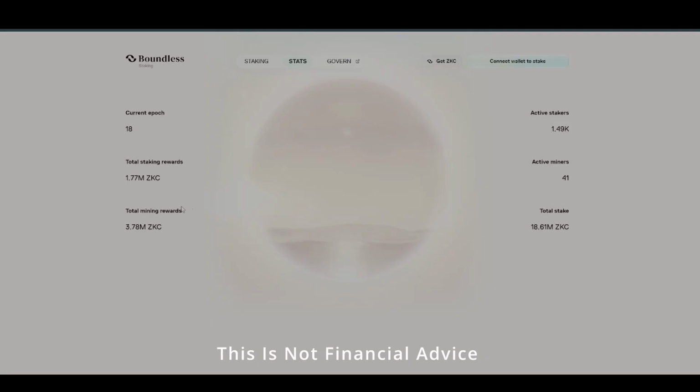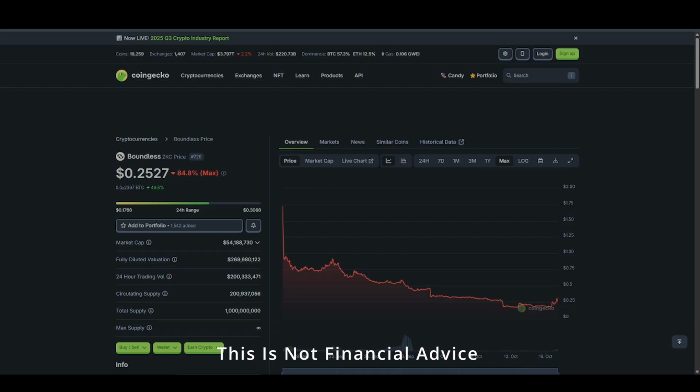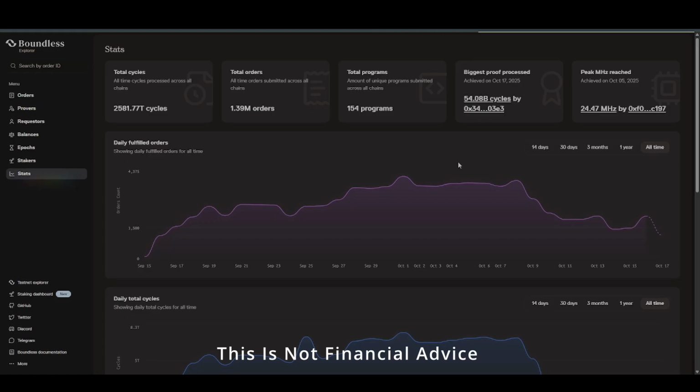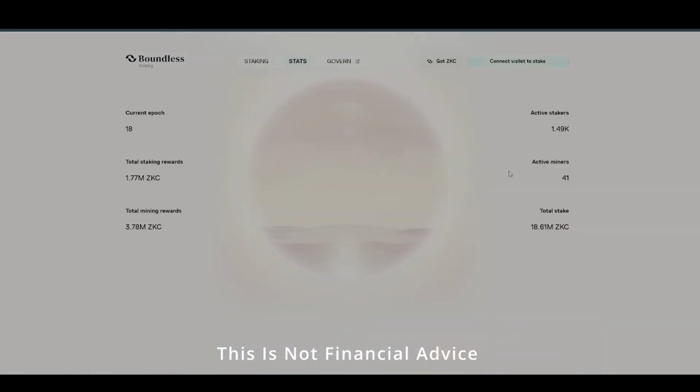That is so low, I would say, if we look at its circulating supply, which is around 200 million. So I don't think that is that good. That means the demand for ZKC is relatively low as of now.